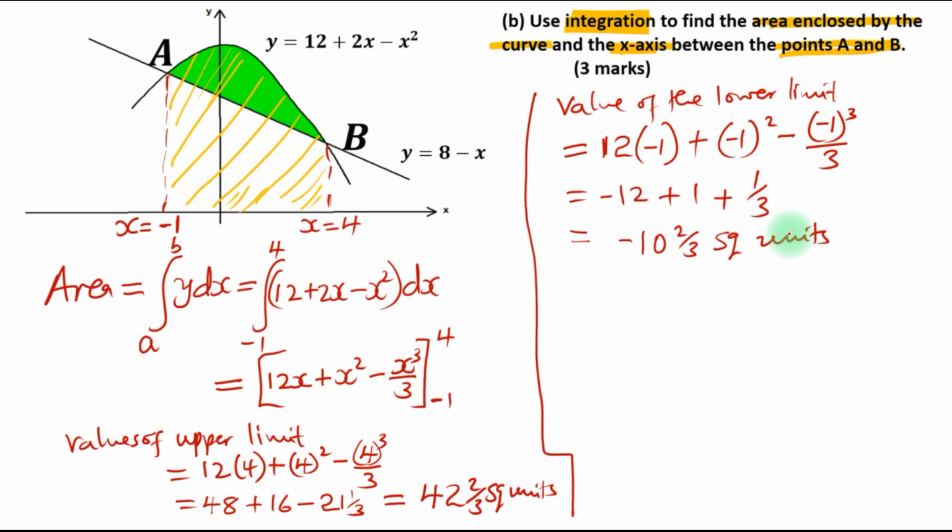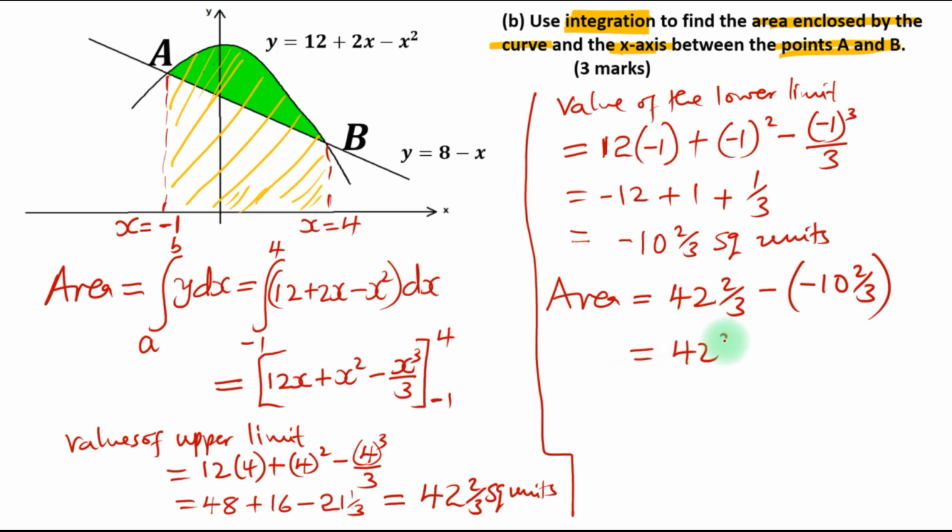Finally, subtract the area. We get now the difference since we are integrating between the two limits. So we have 42 2/3 minus -10 2/3. So if we work this out, this will be 42 2/3 plus 10 2/3.